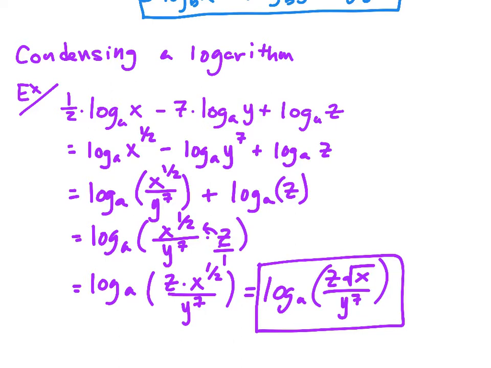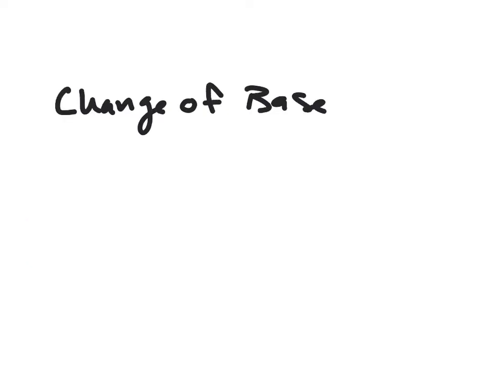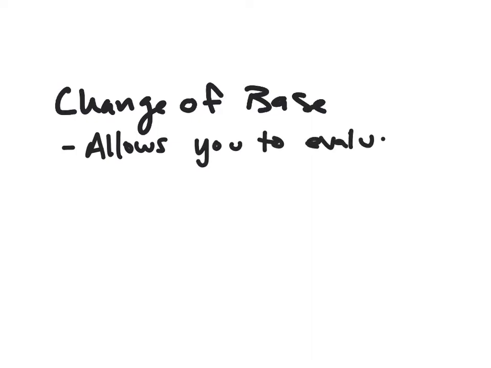So let's do change of base real quick. The change of base is something that allows you to evaluate a logarithm. I think we talked about this in the last section, but let's go over it again.